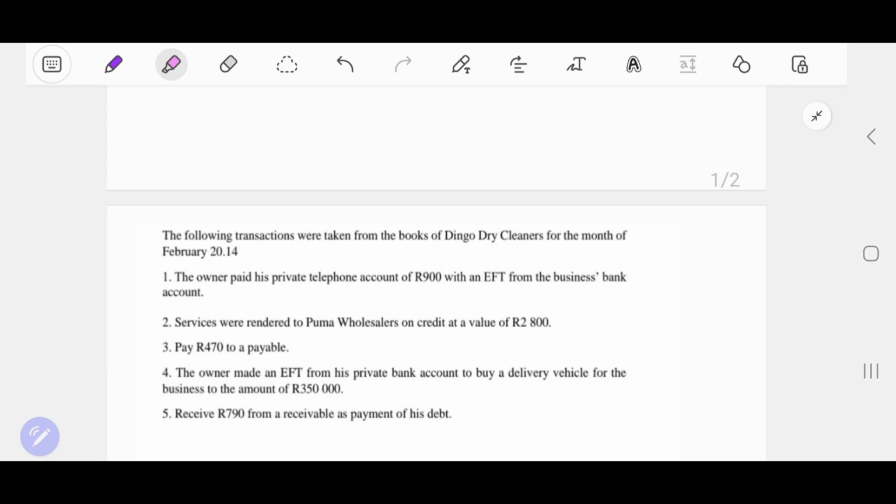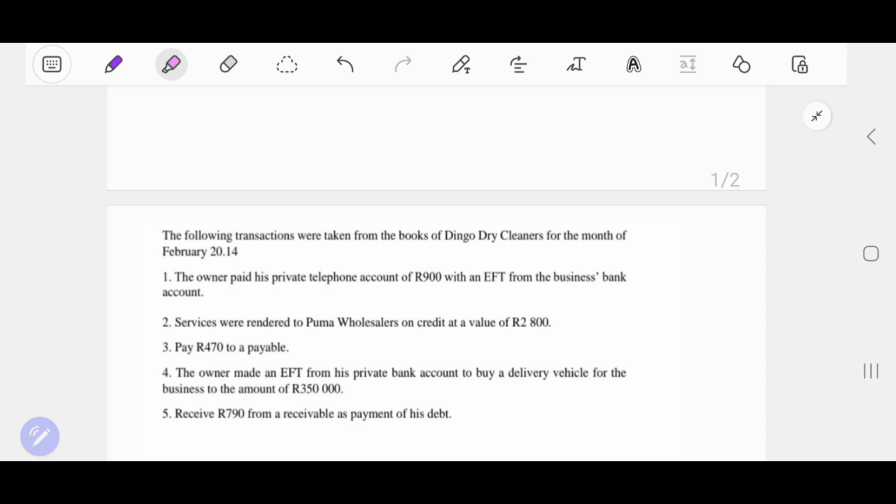We do that by classifying the information in the transactions in terms of our accounts, and from those accounts we can understand the impact of a transaction on a particular element of our financial statements, which is on the accounting equation. So please just walk with me, try to get a pen and paper, and do this activity with me so that you understand what we are trying to do here.